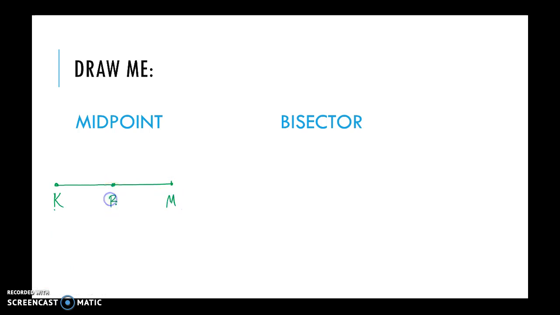We'll make our midpoint B, so we don't always associate it with M. Now, if it intersects it into two congruent segments, remember the markings for congruency. I would say KB is congruent to BM. So that figure, putting those marks on there, tells me that segment KB is congruent to segment BM.